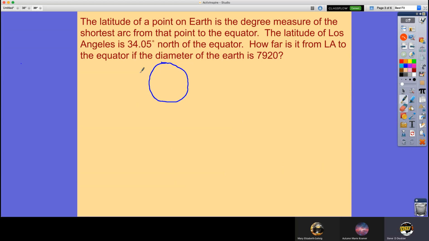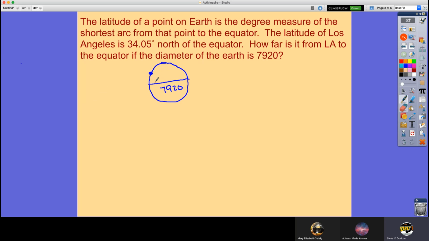All right, so for this one, we are trying to figure out how far it is from LA to the equator if the diameter of the Earth is 7920. So I've got a little picture here. All right, and we'll say that LA is maybe about there. Now latitude just tells us how many degrees above or below the equator that would be.